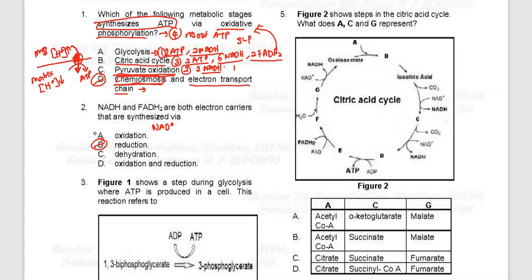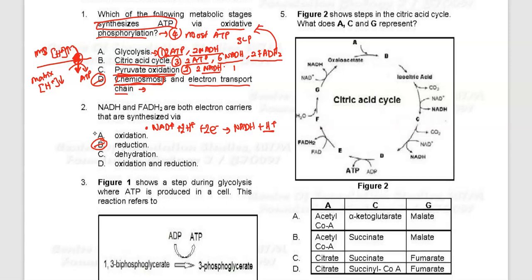NAD plus will combine with hydrogen ions and also electrons. Actually it requires two hydrogen ions and two electrons to form NADH plus H plus. So the extra hydrogen ion will be released to the surrounding.